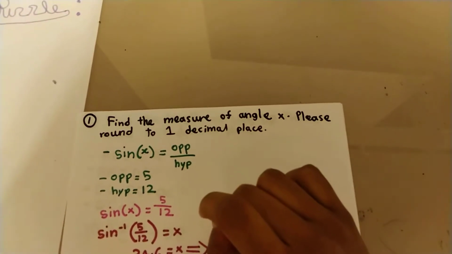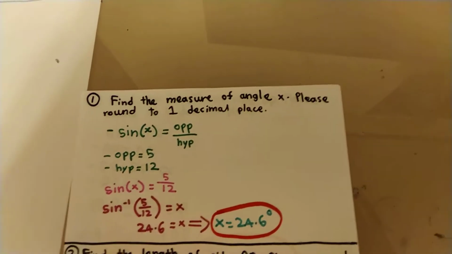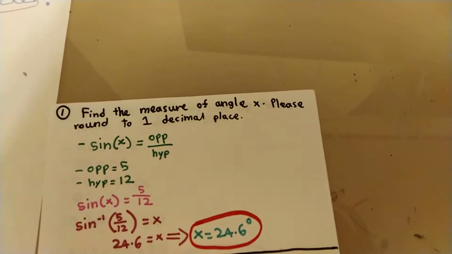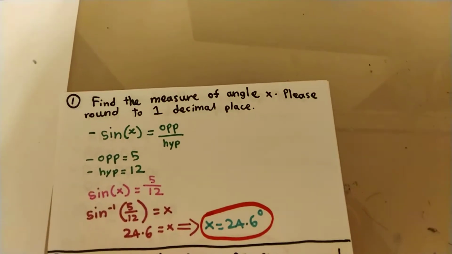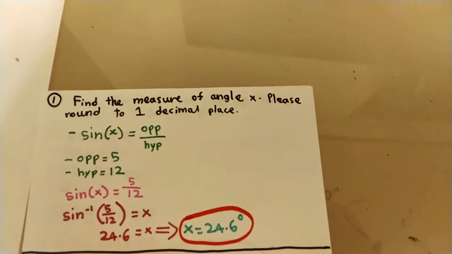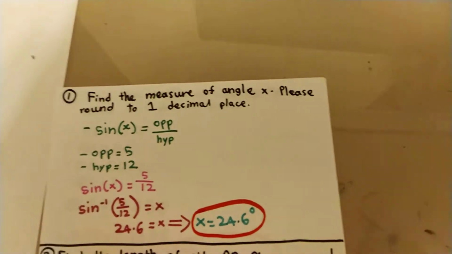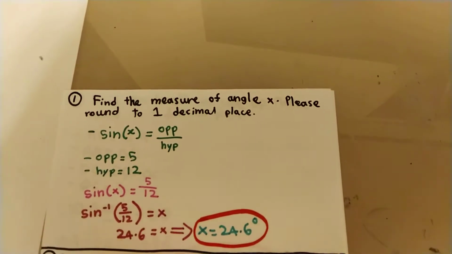So the sine of x is 5 over 12, but I can't do it that way, so I use inverse sine of 5 over 12 in parentheses equals x. For this problem, I got 24.6 degrees by typing the inverse sine function into my calculator.